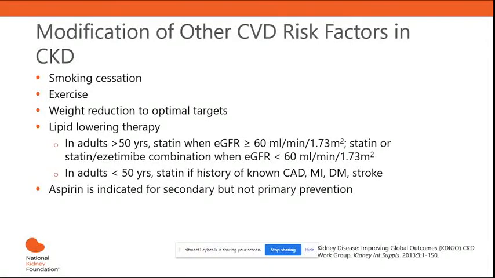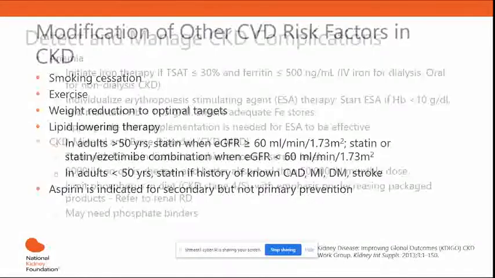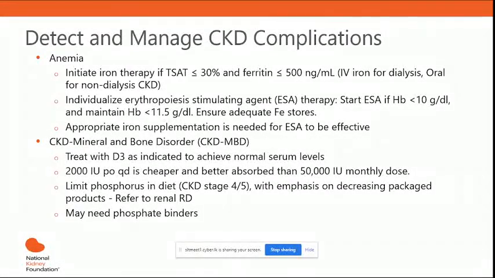When the GFR is more than 60, statin, or when the GFR is less than 60, the statin and ezetimibe combination has been shown to be cardiovascular protective in many studies. And aspirin is indicated for secondary prevention but not as primary prevention.